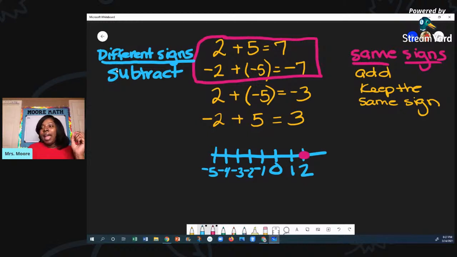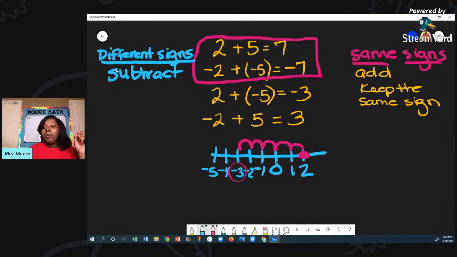So when I add a negative number, I go to the left 5 spaces: 1, 2, 3, 4, and 5. I'm pulling it more toward the negative side, and so my answer comes out negative.